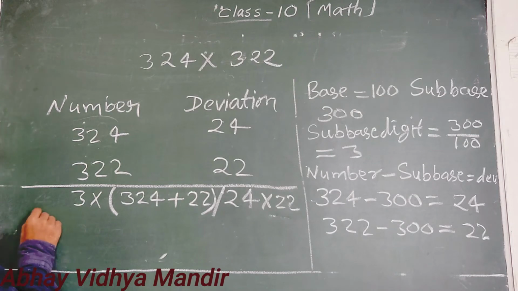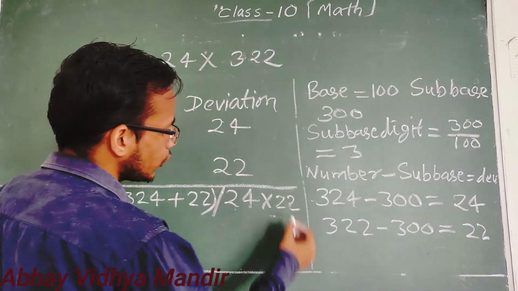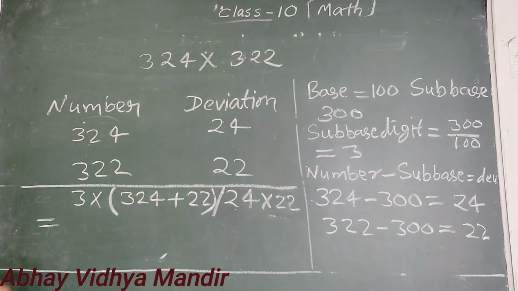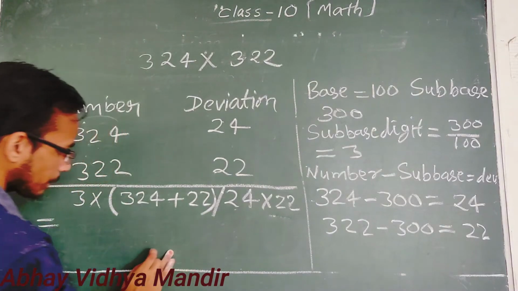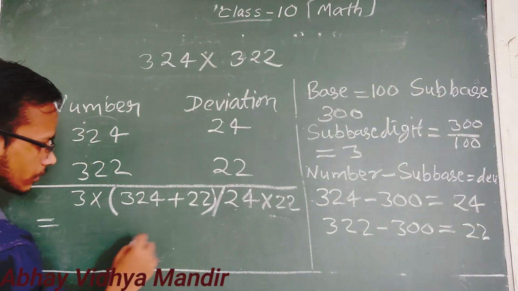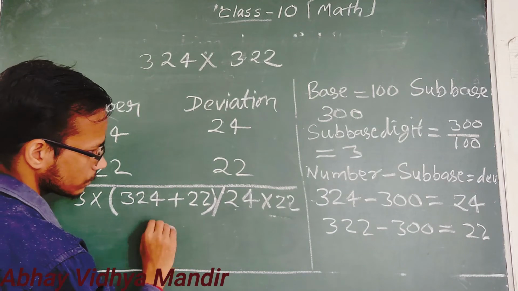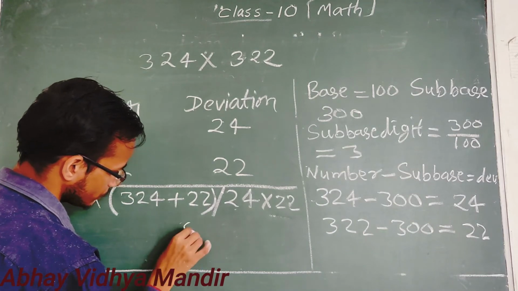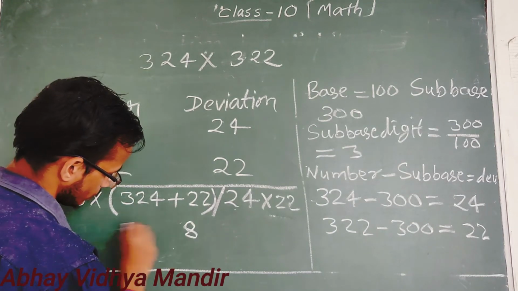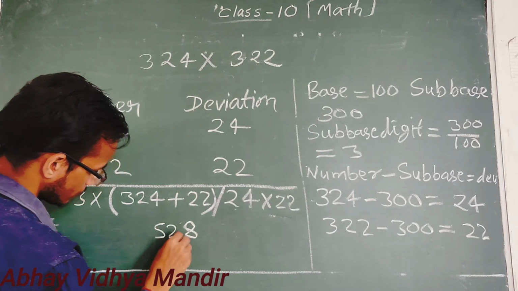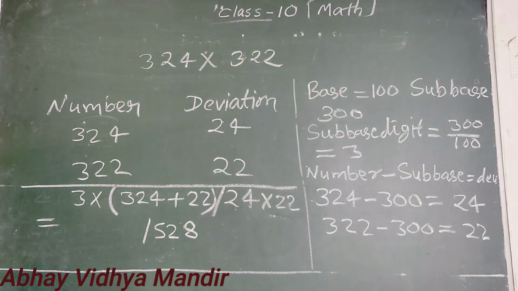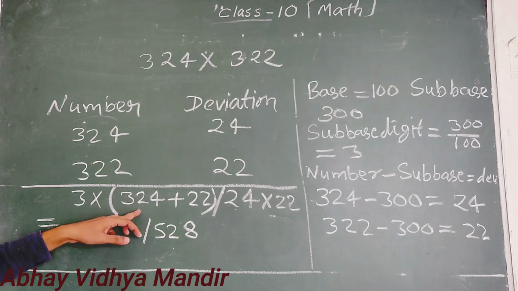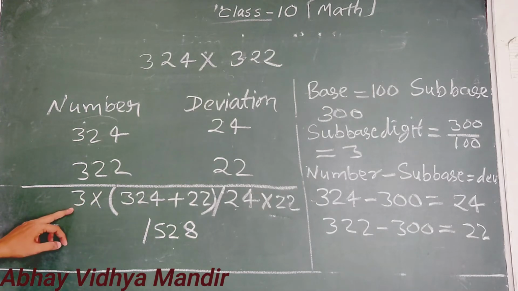Okay, solve it. 24 into 22. Okay, and this is 346, and multiply with 3.